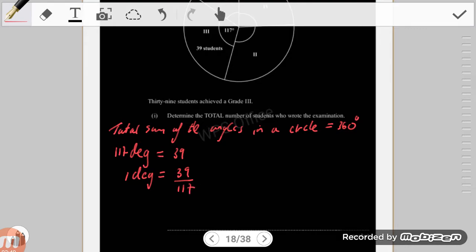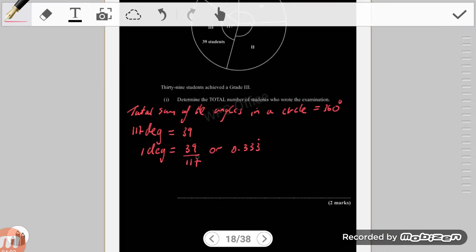If you want, you could write the decimal form of this, which is 0.333 recurring. You could use the 39 over 117, or you could use the 0.333. I'm just going to use the 39 over 117.